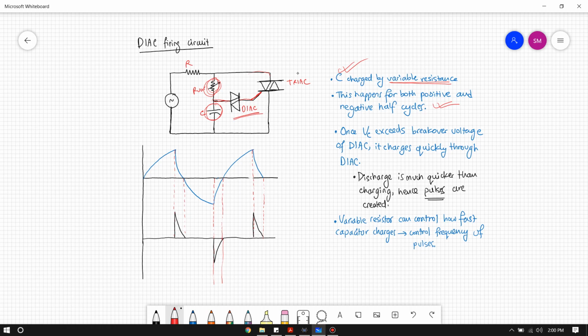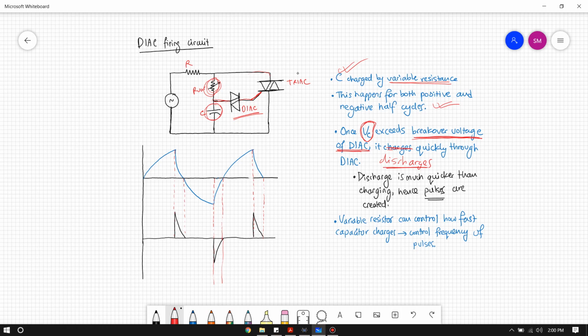Once the voltage across the capacitor, the charging voltage, exceeds the breakover voltage of the diac, the avalanche breakdown point of the Zener diodes in the diac, it discharges very quickly through the diac.